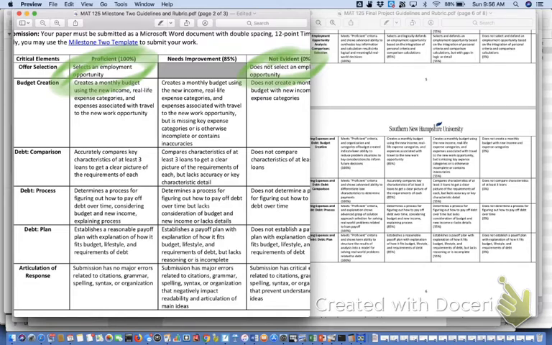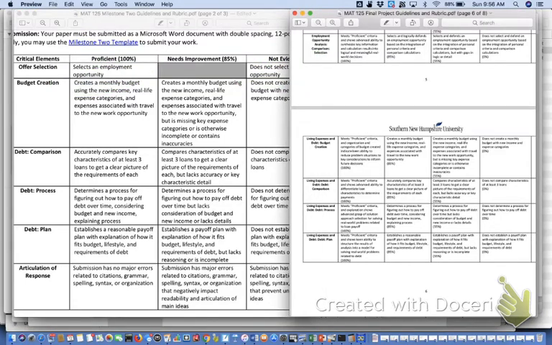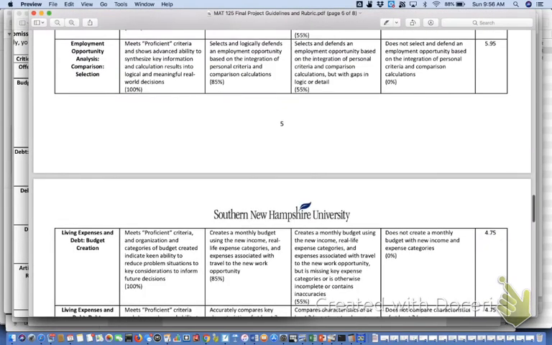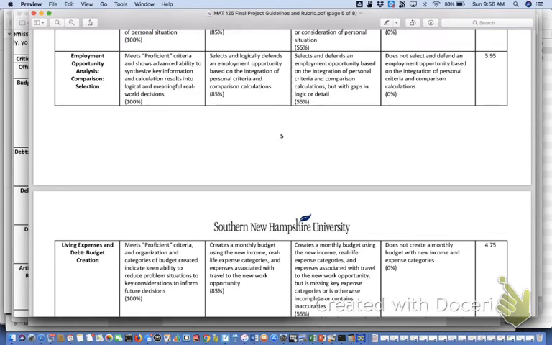Whereas in the final project submission, so over here, addressing the same thing, let me zoom in and make it bigger. So this is your final project. Here for selection, it does say selects and defends an opportunity. So even just to go to the proficient, see the difference.